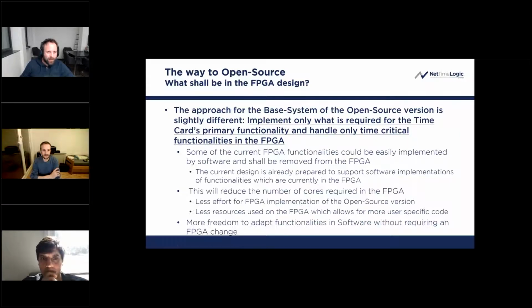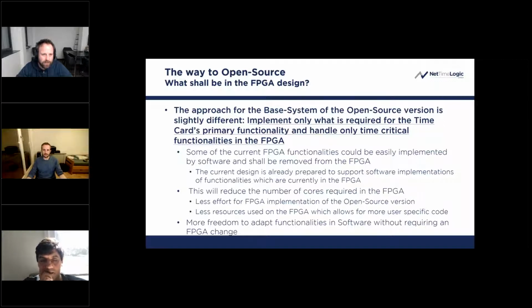So now we are really going into what we're going to plan for the open source version, and we have a slightly different approach, at least for the beginning. As Thomas already mentioned, there are a couple of things in the FPGA which not necessarily need to be in the FPGA.